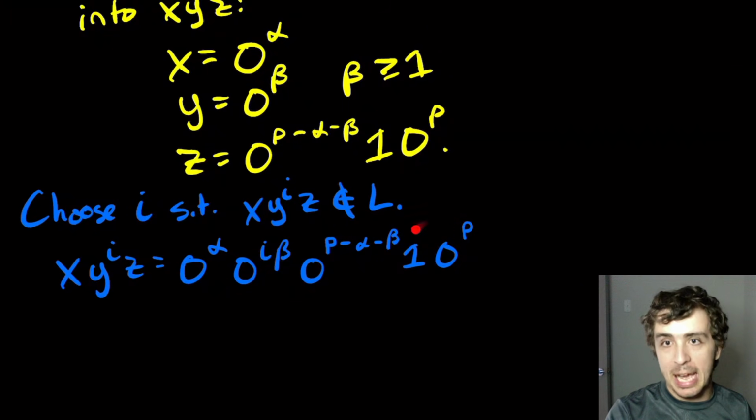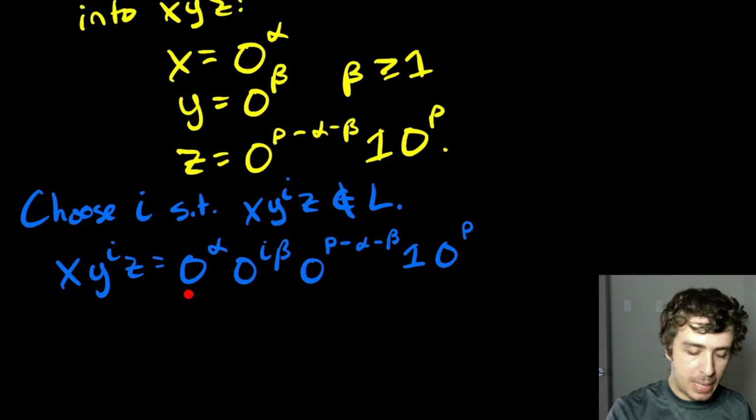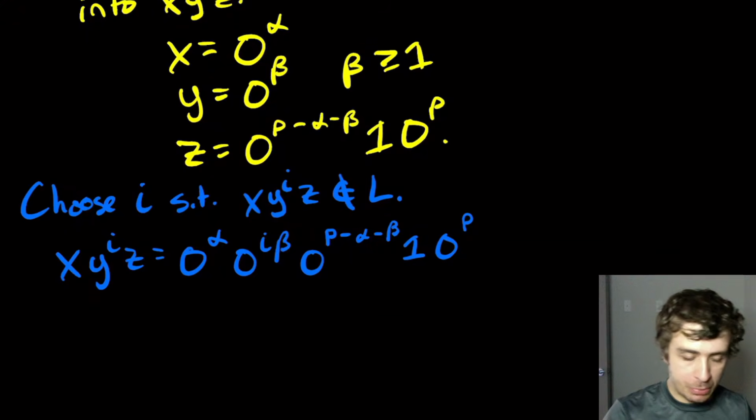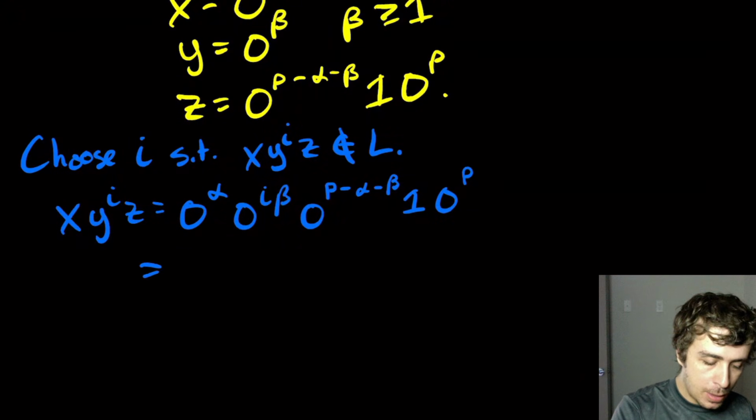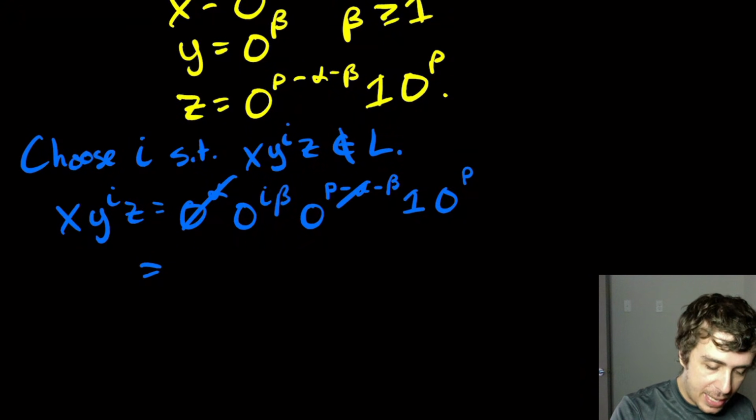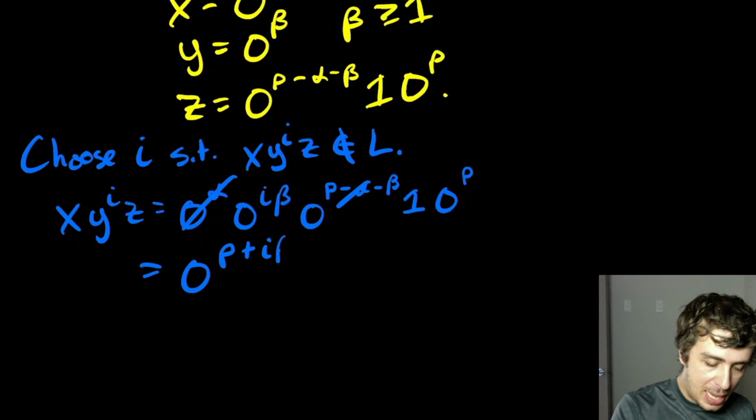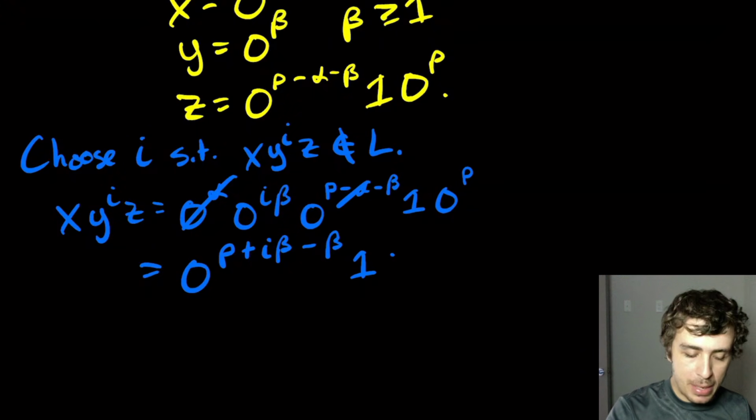This one doesn't count because there's a 1 separator, but I can combine these ones because they're all zeros. I'll just put the exponents together. So the alphas are going to get killed off. So I'm going to have 0 to the P plus I beta minus beta, 1, the separator, and then 0 to the P.